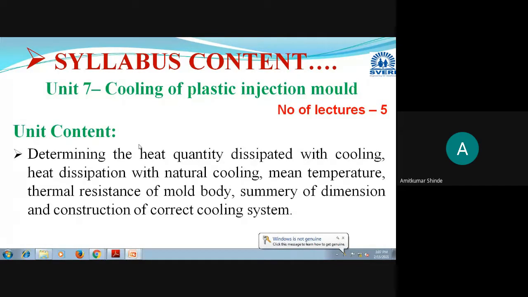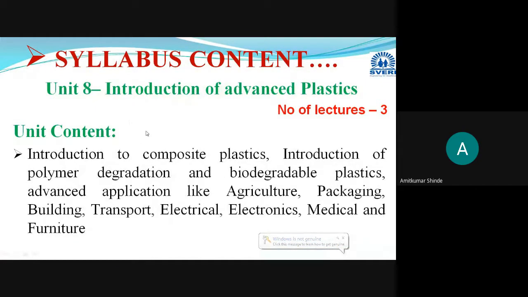After this, the last, that is our eighth chapter. This is the eighth chapter, introduction of the advanced plastics. Now, this is the eighth and last chapter of this plastic engineering subject. In this chapter we are going to study in short the composite plastics. Like you have studied, I think in the third year, the composite materials.